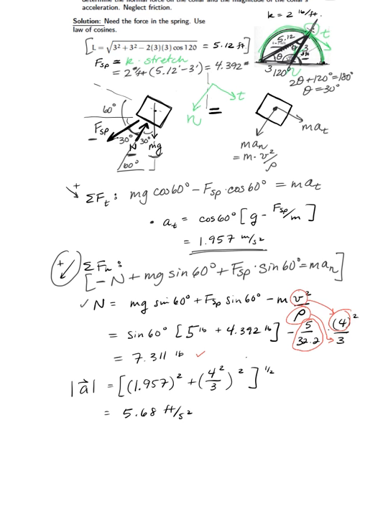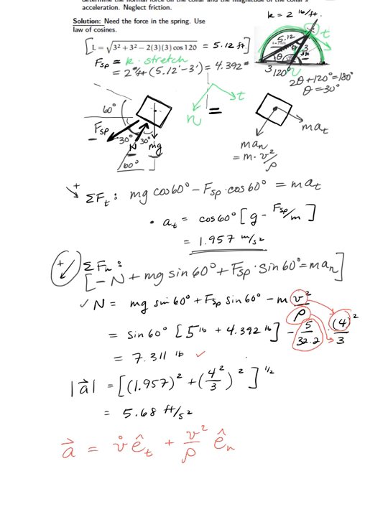If I want the total acceleration, my total acceleration is going to be v dot in the tangential direction plus v squared over rho in the normal direction. And if I want the magnitude of that, I'm just going to square those two things.